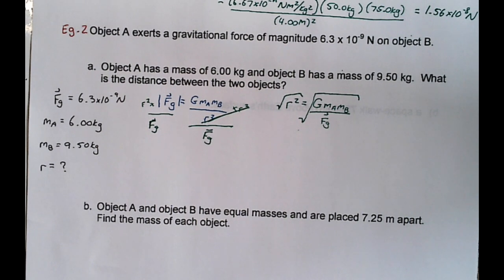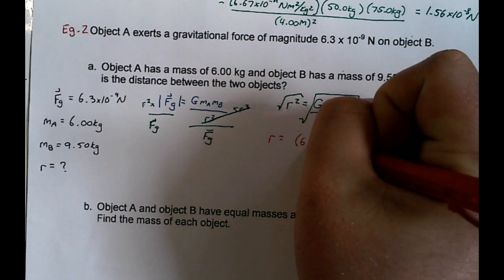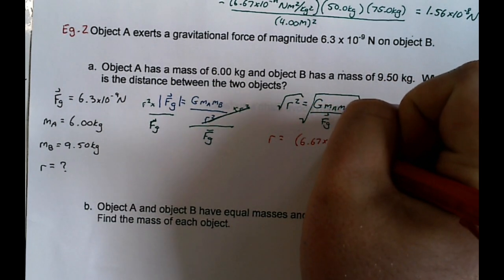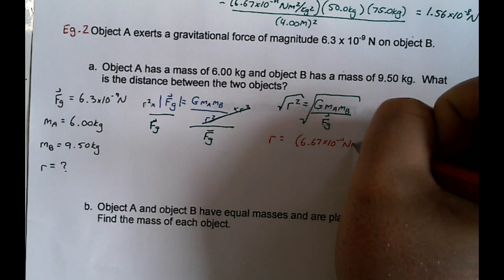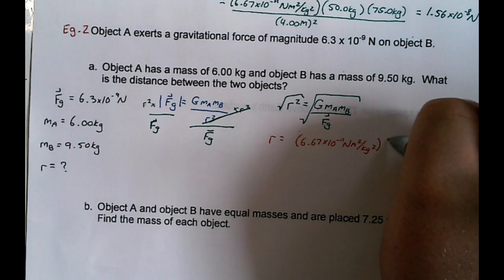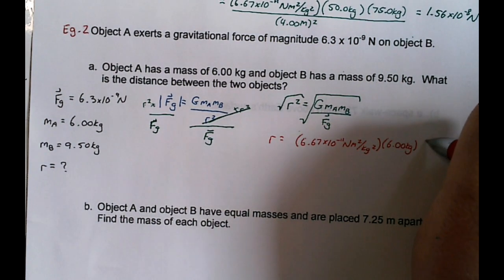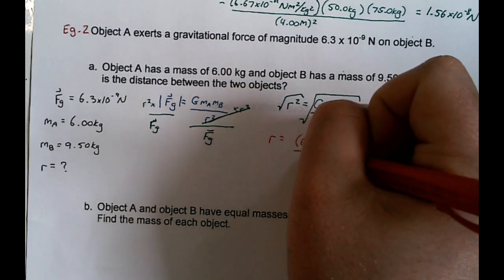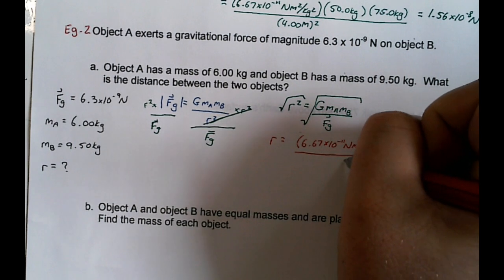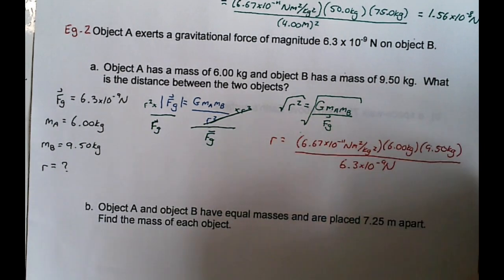If I go ahead and start plugging in my numbers, we have r is equal to our gravitational constant, 6.67 times 10 to the negative 11 newton meters squared over kilograms squared, times mass A, 6.00 kilograms, times mass B, 9.50 kilograms, divided by the force due to gravity, which in this case is 6.3 times 10 to the negative 9 newtons.